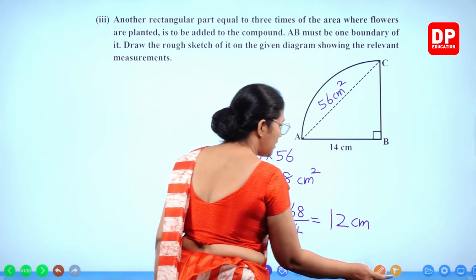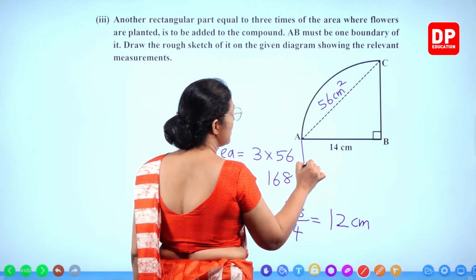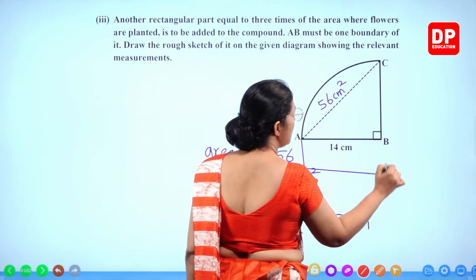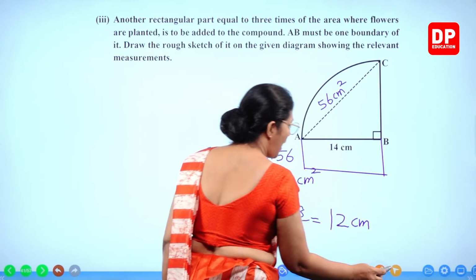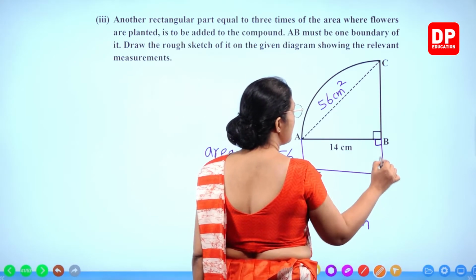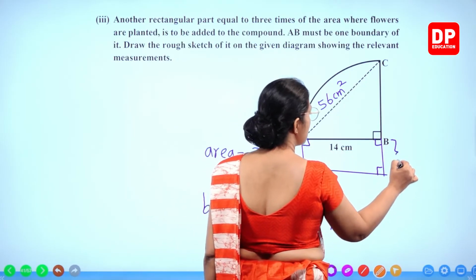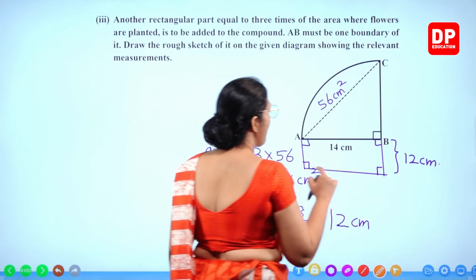Now you can draw a sketch. So let's sketch it. Here you can draw a rectangle showing this is a sketch. You don't have to draw accurately. So this is a rectangle. AB is one boundary and this height should be 12 centimeters.